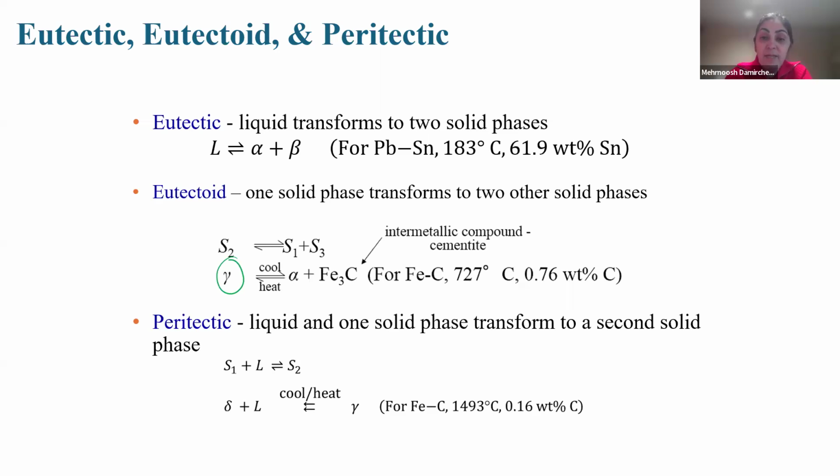For example, in the carbon iron phase diagram, delta is ferrite delta, the name of this phase, and delta plus L convert to another solid phase named austenite or gamma phase. Okay, so it is another reaction, peritectic. So these three are so important: eutectic, eutectoid, and peritectic.